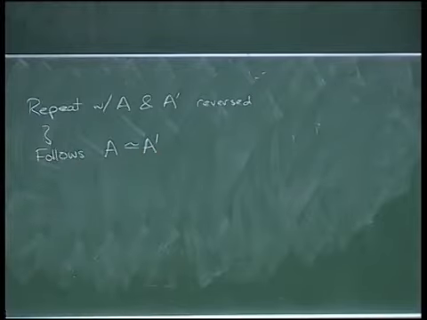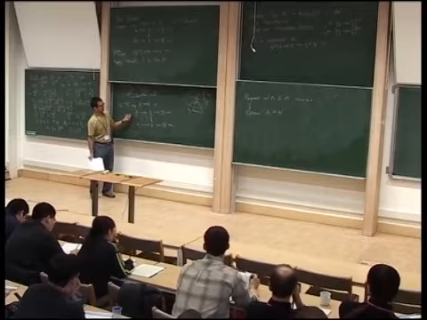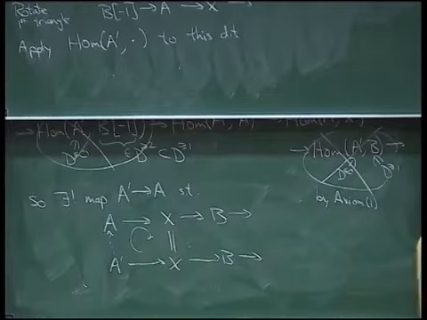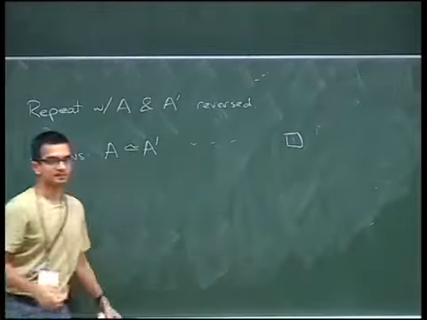And then, of course, you could do the same thing on the other side and show that B and B prime are isomorphic. And they're not just isomorphic, you get a canonical isomorphism. And then somehow you're not far from finishing the proof of the lemma.